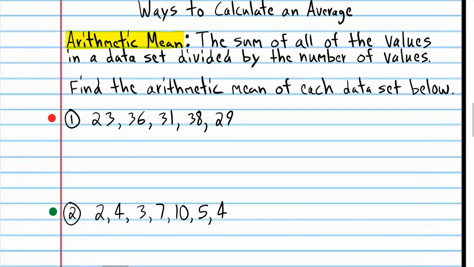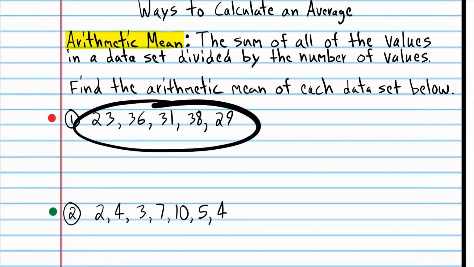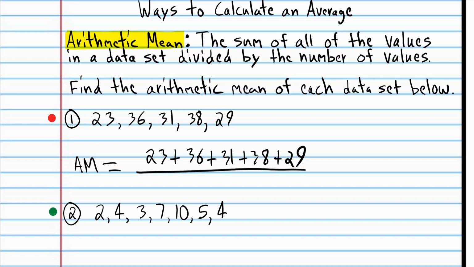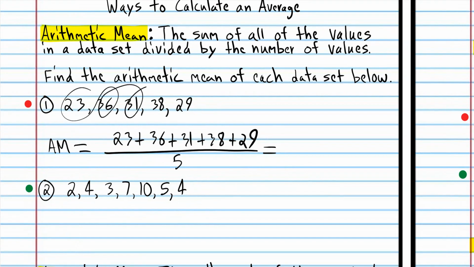But the arithmetic mean is calculated by adding up all the numbers in a group of numbers and then dividing by how many numbers there are. So there's 5 numbers, 1, 2, 3, 4, 5. So we're going to divide by 5.